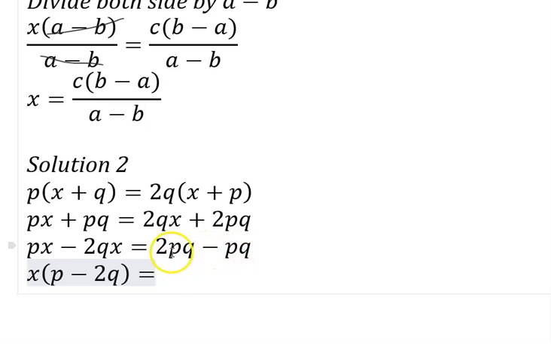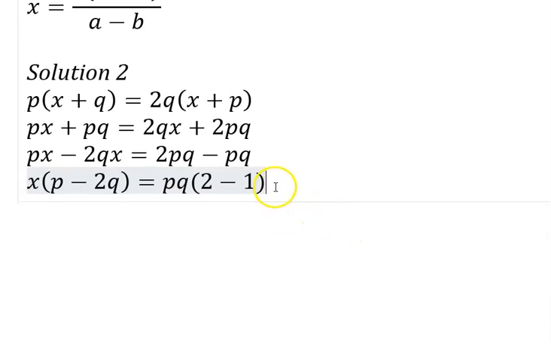Or if you want to factorize, what is common between this 2PQ and PQ? PQ is common. You have PQ here, you have PQ here. You can do it anyhow, you still get the same answer. If you remove PQ from these 2PQ, you'll be left with 2, minus. If you remove PQ here, you'll be left with that invisible 1. Anyhow you want to do it, it is still correct. Let's move to the next step.